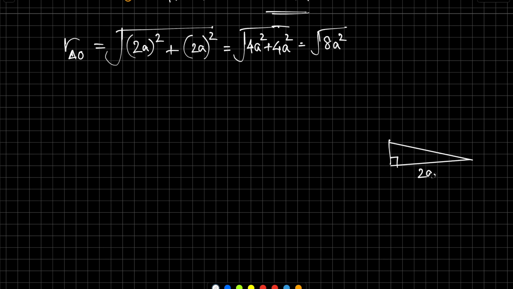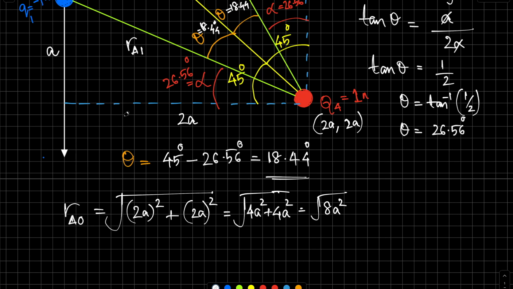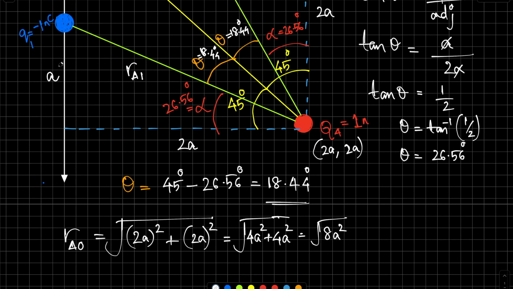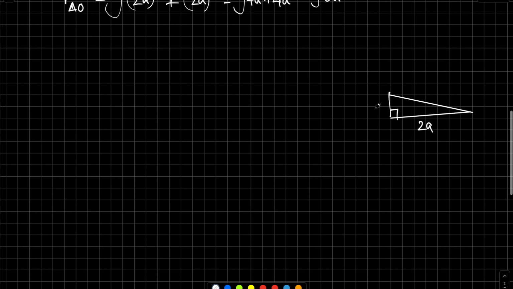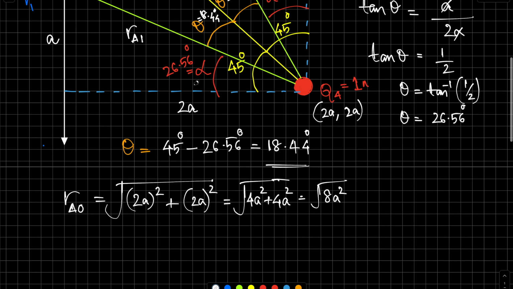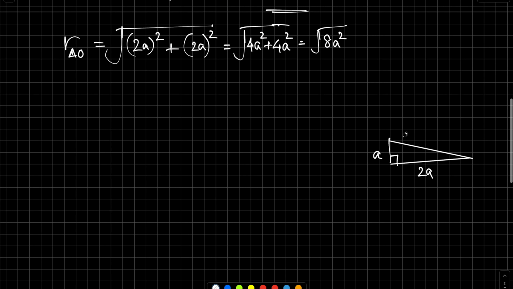The base is 2a, and this side is a. We are going to find RA1, which is the hypotenuse. Hypotenuse is always opposite to the 90-degree angle. That's why RA1 is the hypotenuse.